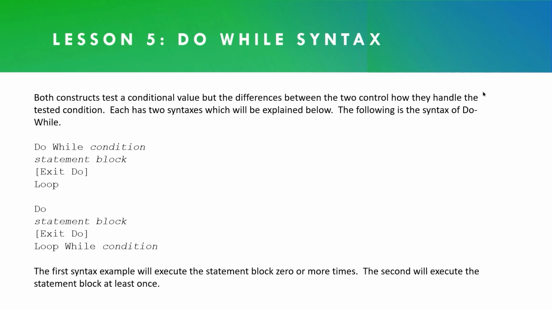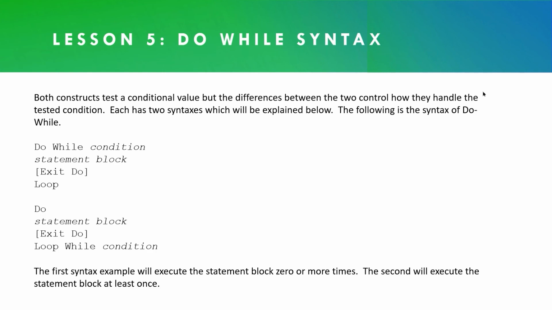Here are the 2 different syntaxes for do while. You can start with do while and give it the condition, and if that condition is true, it will run the statement block. Or you can have it run the statement block before testing the condition, which is the second syntax there. So the first syntax will execute the statement block 0 or more times, depending on whether the condition is true.